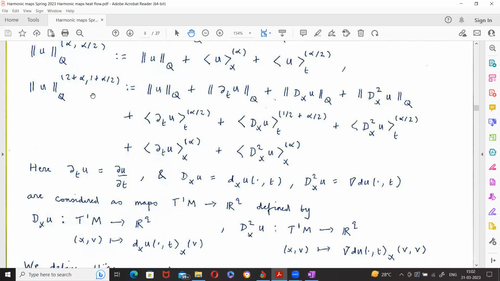Okay, so if this Holder norm is bounded, that means the second derivatives will be equicontinuous, right? The second derivatives will be equicontinuous. Is that clear?